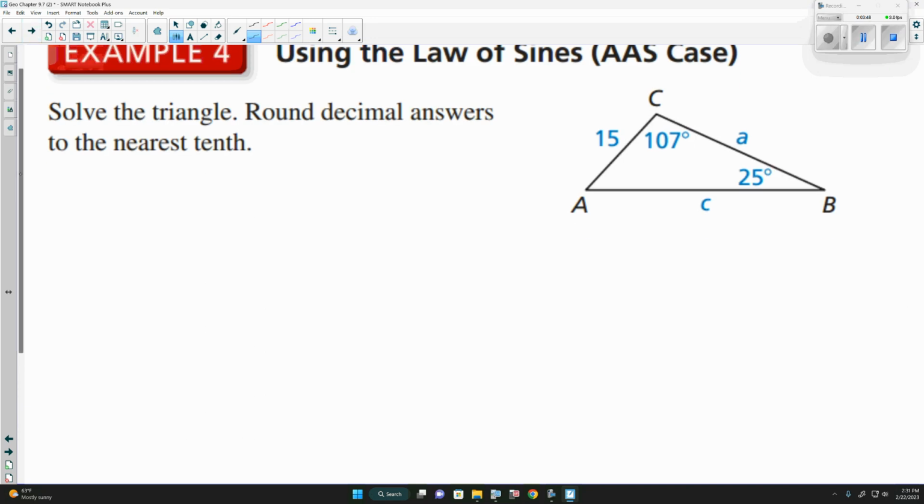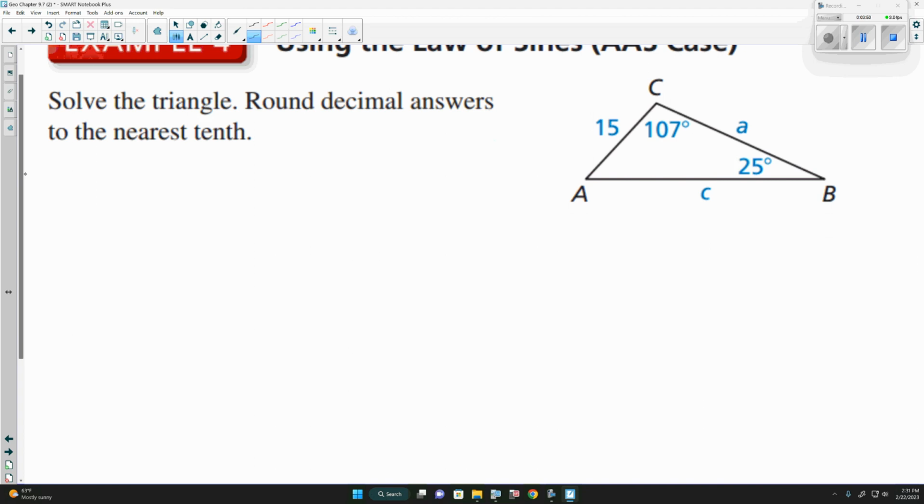So this here is the first one we're going to look at. Now there's three pieces of information that are missing. We're missing the measure of angle A, side length A, and side length C. These are the three pieces of information we're missing. Angle A is going to be the easiest one to find, because this here is still a triangle.